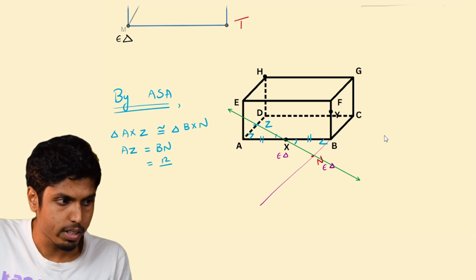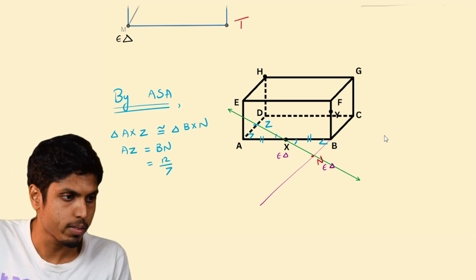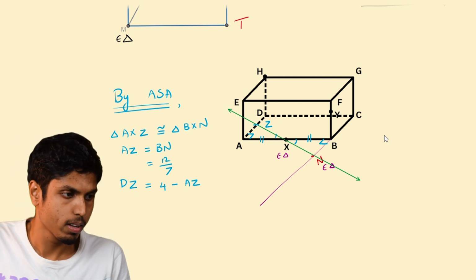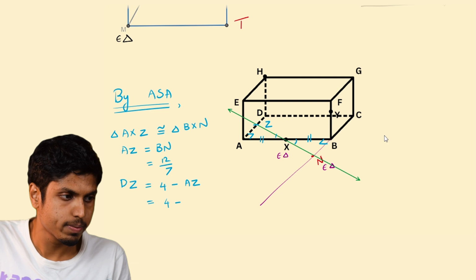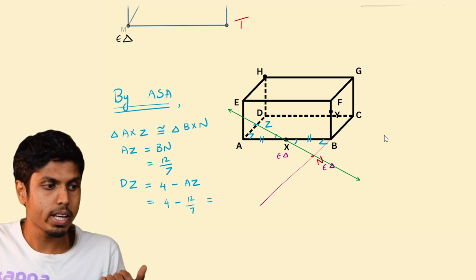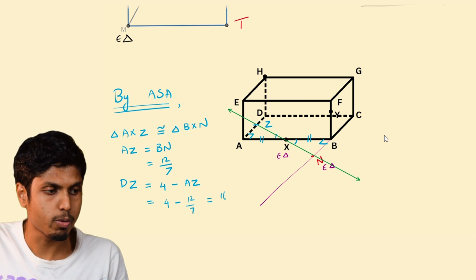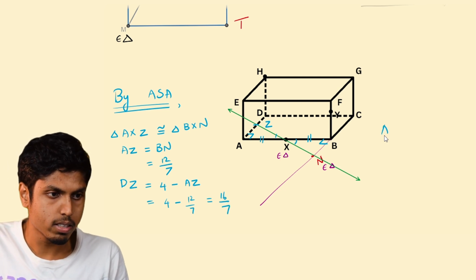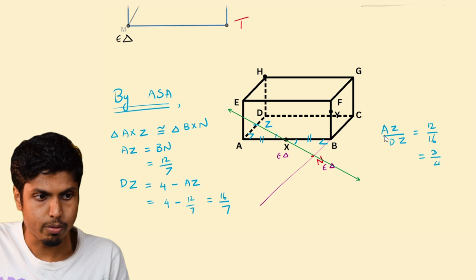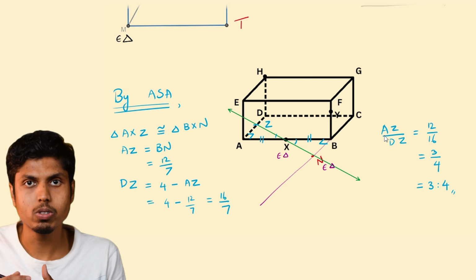Now, BN is 12 by 7. So AZ is also 12 by 7. And DZ is basically 4 minus AZ because 4 is the total length. So this is 4 minus 12 by 7, making it 28 minus 12 by 7, which is 16 upon 7. So hence the ratio AZ by DZ would just be 12 by 16, making it 3 by 4. So the point Z divides the segment AD in the ratio 3:4.